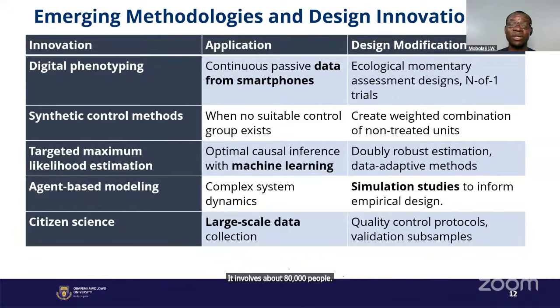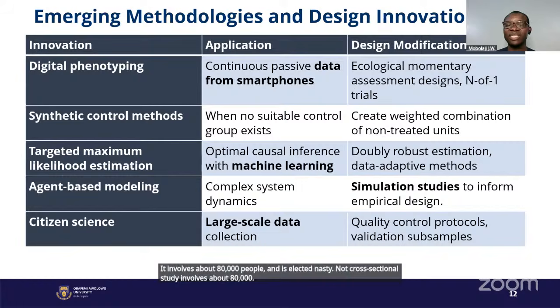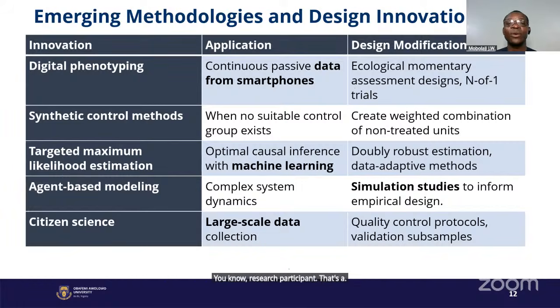It's a longitudinal study, not a cross-sectional study. That's a very large sample for that kind of study, so it's a form of citizen science study. Quality control protocols and validation of subsamples are very important in such a study.